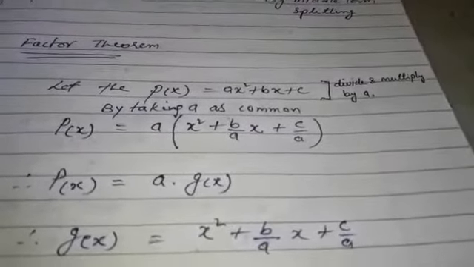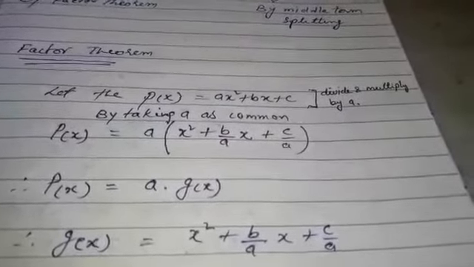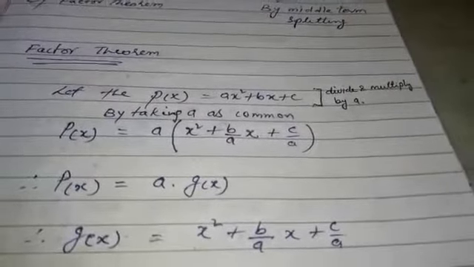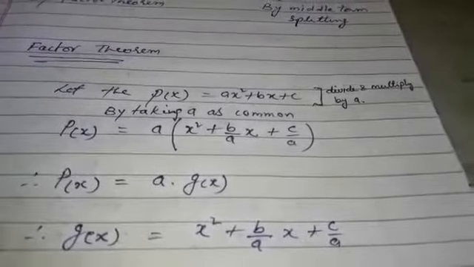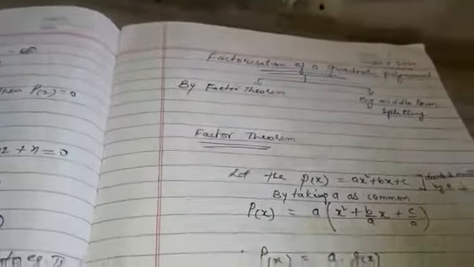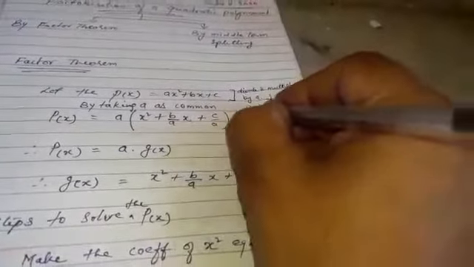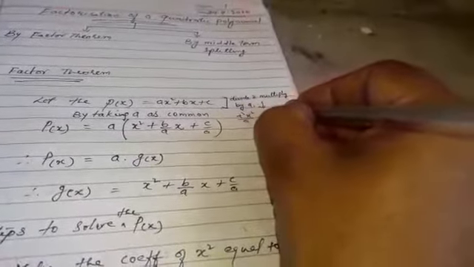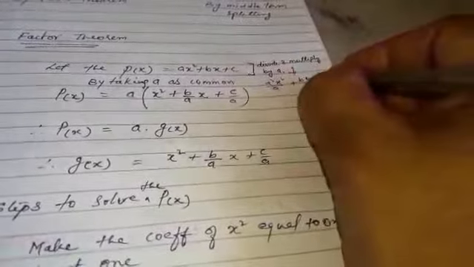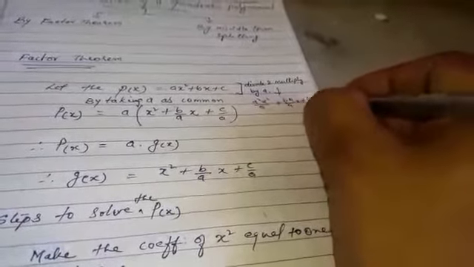Let a polynomial p(x) equal ax square plus bx plus c. Now we multiply and divide this polynomial by a. So it becomes 1 upon a into a square x square plus ba x plus ca. That is, a square x square upon a plus ba x upon a plus ca upon a.